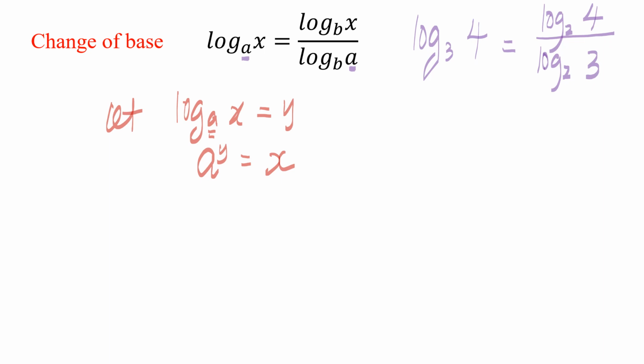All right, so the next step is I'm going to introduce log base b, because I want to change my log base a to log base b. So I'm going to introduce log base b on both sides. So this is what I'll get now.